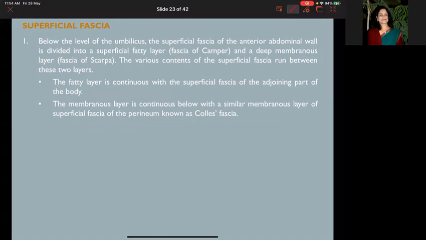The superficial fatty layer is continuous with the superficial fascia of other body parts, that is with the superficial fascia of the thorax and, in the lower part, the thigh.